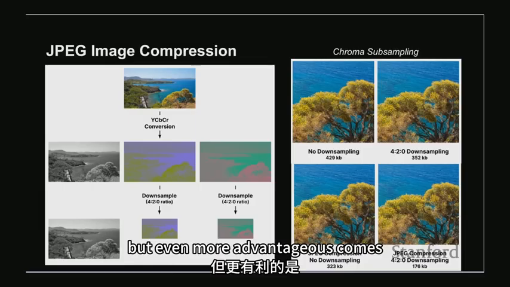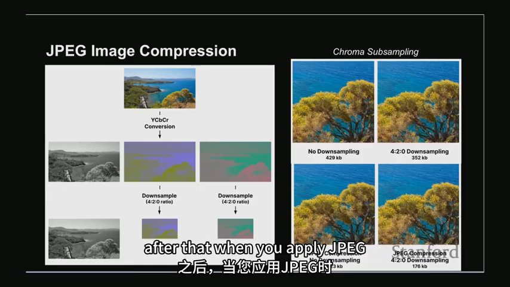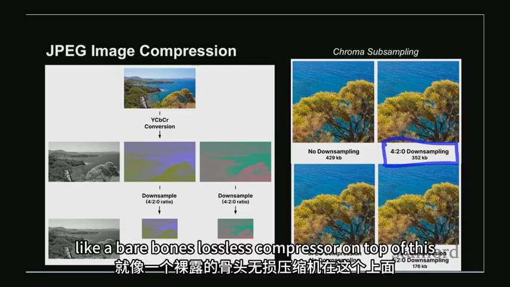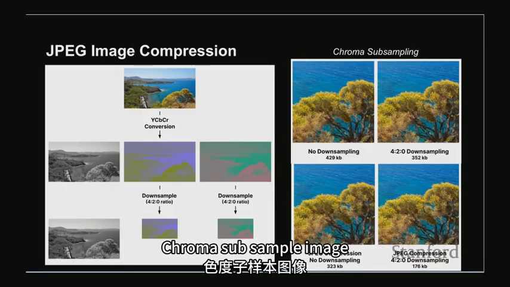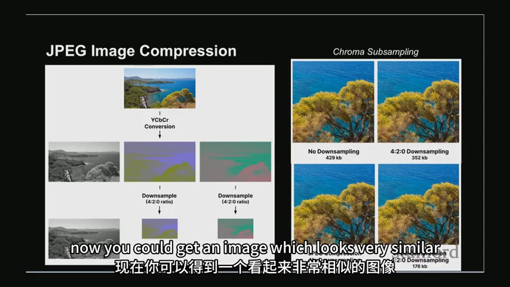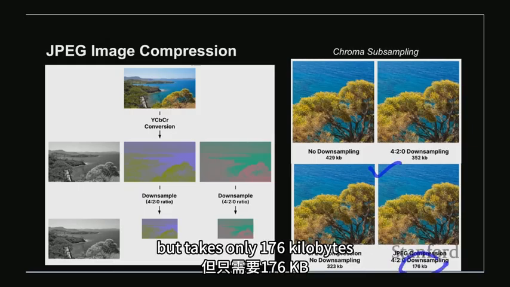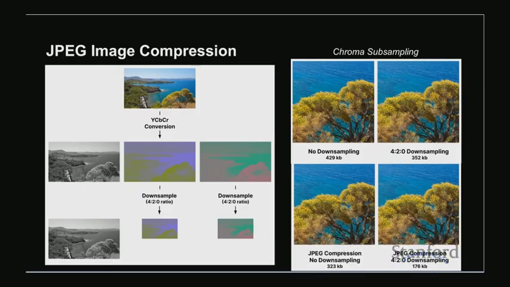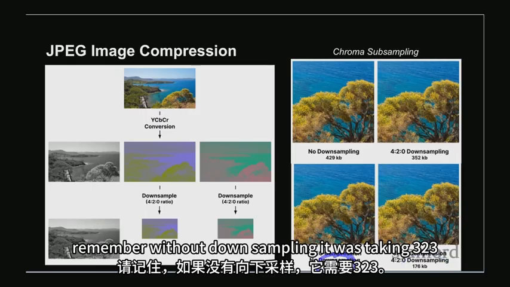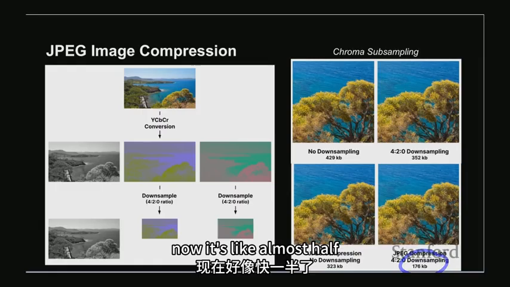But even more advantage comes when you apply JPEG, a bare bones lossless compressor, on top of this chroma subsampled image. Now you get an image which looks very similar but takes only 176 kilobytes. Remember, without downsampling, it was 323. Now it's almost half.